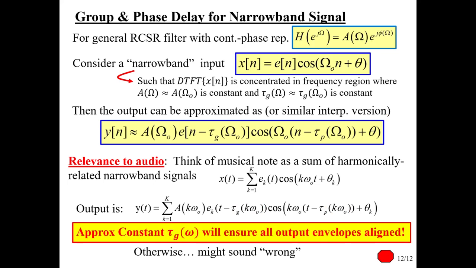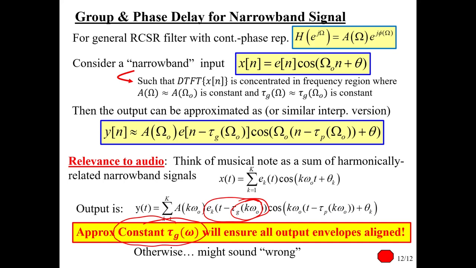If we say, let's make sure that this filter is a generalized linear filter that has a constant group delay, then every one of these harmonics will end up with the envelope delayed properly. And so all the envelopes will line up with each other.